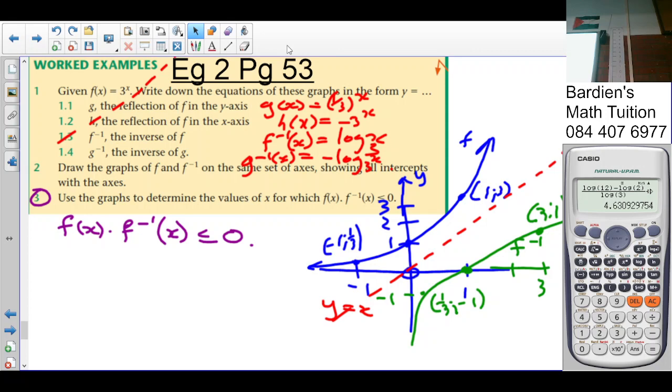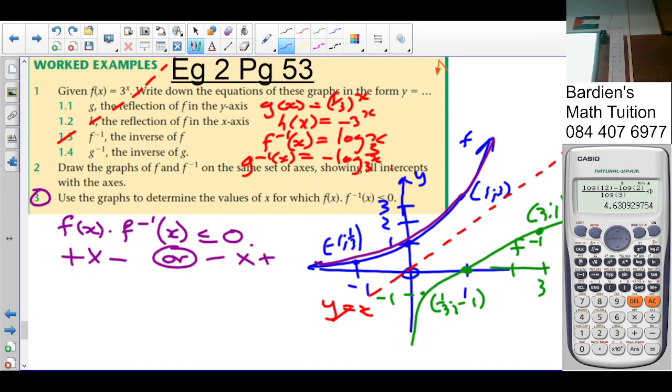So how does something result in being negative? For a product of two things to be negative, one must be positive and the other one must be negative, or one must be negative and the other one must be positive. If you look at f of x, it is always positive.